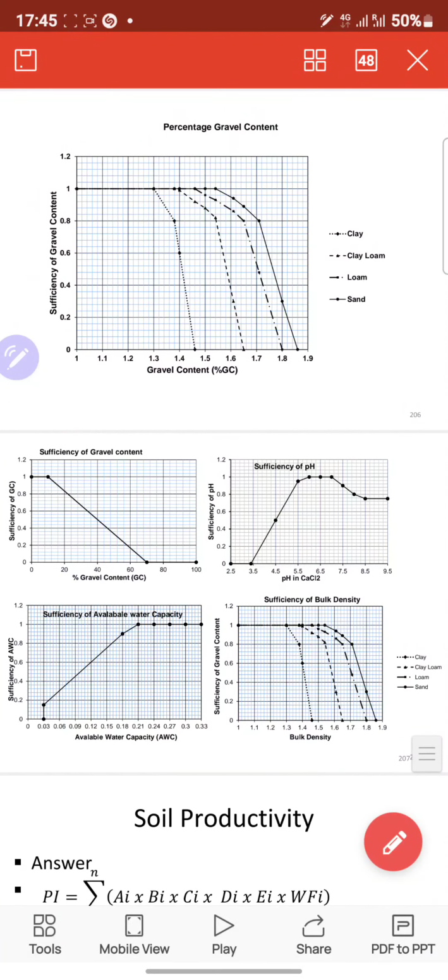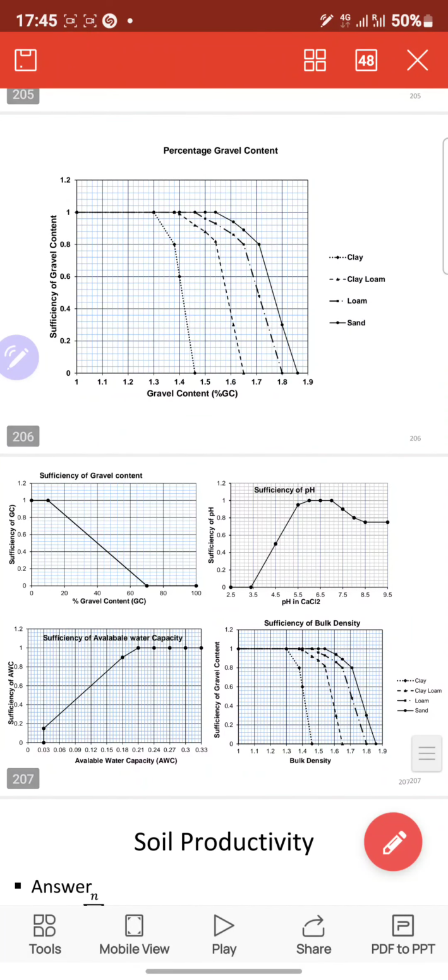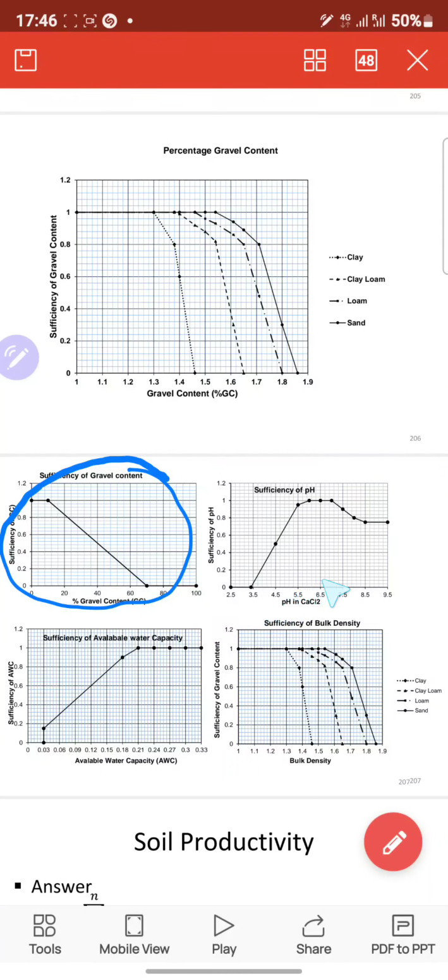Okay, so gravel content 6. I would recommend you use this graph here, sufficiency of gravel content.